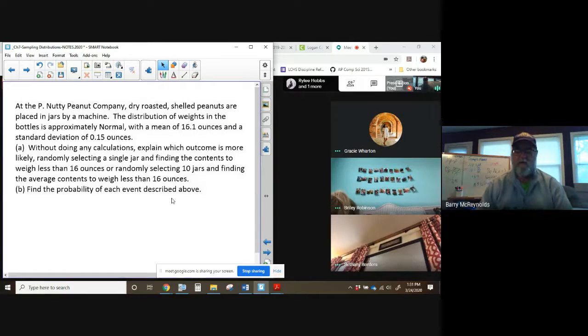Now for the randomly selected 10 jars, the only difference in my calculation is I'm going to have to recalculate the standard deviation. So I'm going to take that standard deviation of 0.15 and divide it by the square root of 10 again.